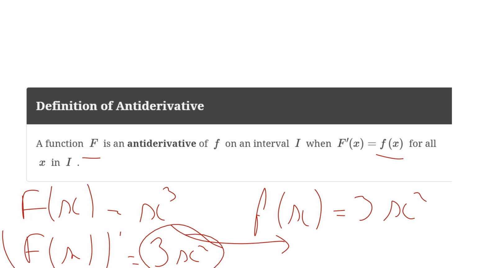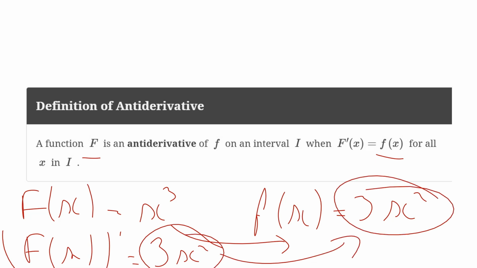If the result that we found here is the same as the result that we have already in f of x, then we can say that big F of x is an antiderivative of small f on all values x that are in I. So far we saw that big F of x equal to x cubed is one of the many antiderivatives of 3x squared.